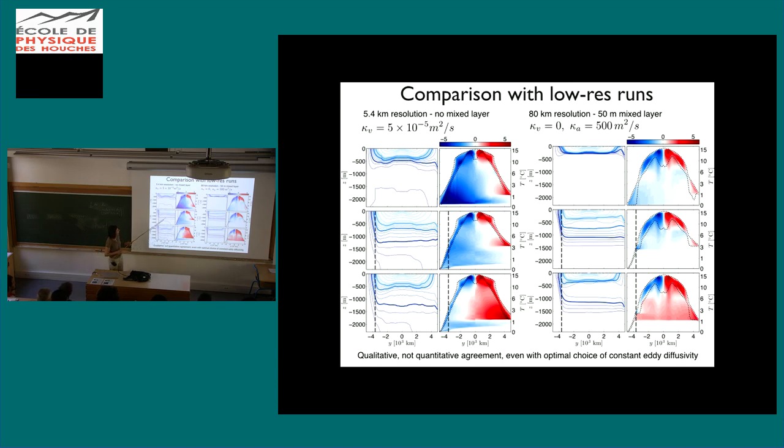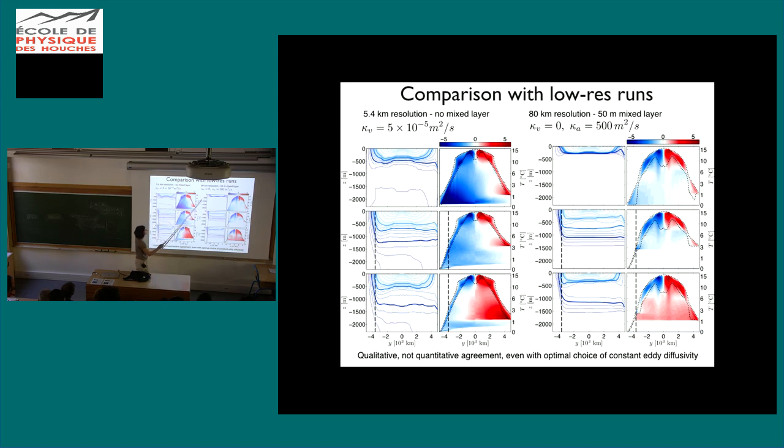But then it's really very difficult to do those computations. So can we go back to low resolution models, and how do they do? We compared this to computations which, instead of having 5 kilometers resolution, had 80 kilometers resolution, but also, for reasons that I don't remember anymore, we had a mixed layer.